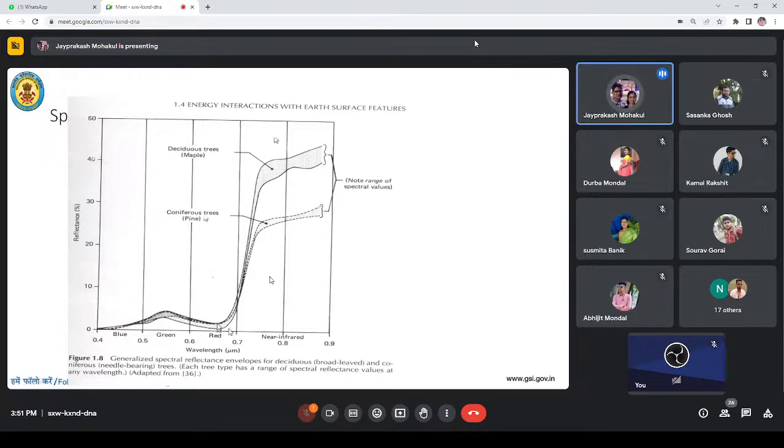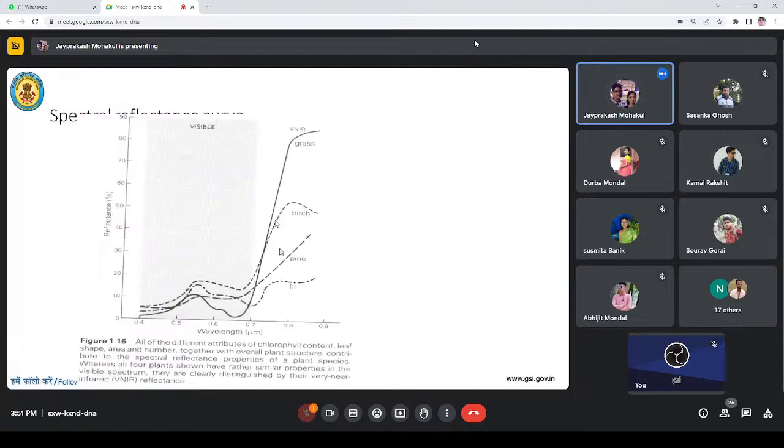So, in general, the near infrared has higher reflection, and like this, you can make a distinction between coniferous tree and deciduous tree if you have data about NIR. These are the different kinds of trees and their spectral reflectance in the near infrared range. So if you have an NIR image, I can make a distinction between these different kinds of trees.